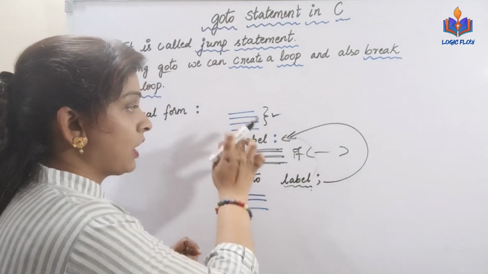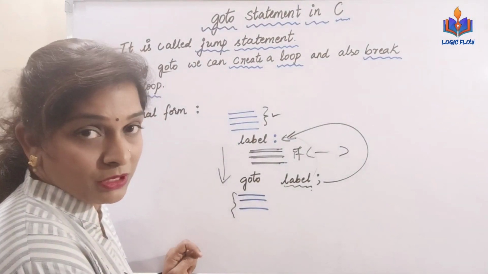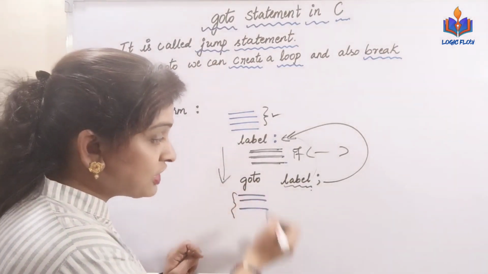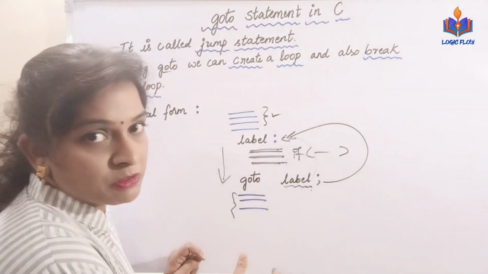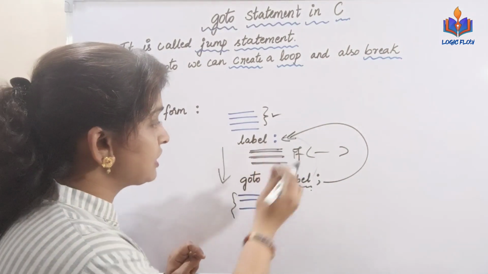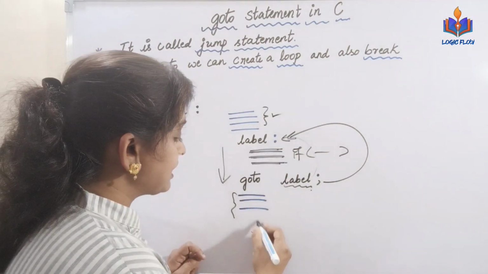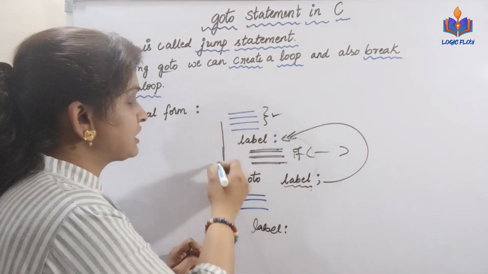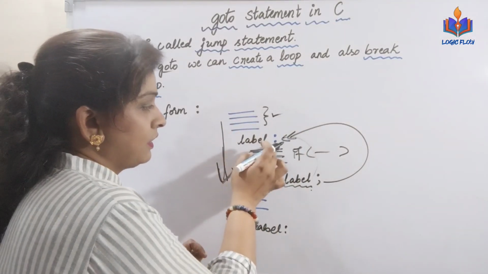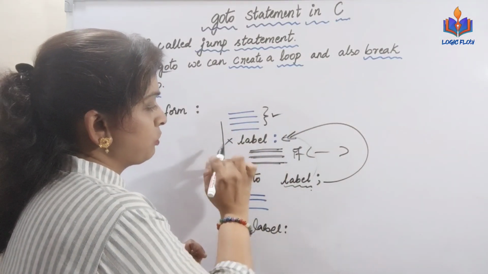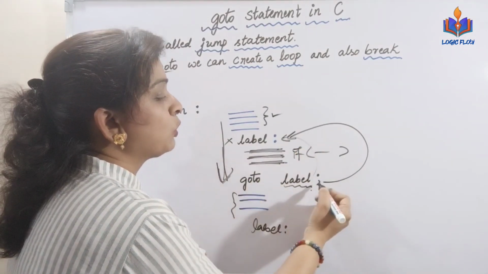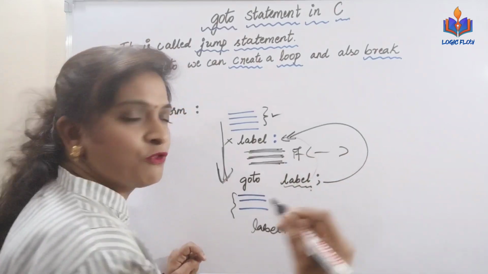It may be above or it may be below. If it is above, it means it is repeating the statements. If it is below, it means it is skipping some statements. So for example, if I have this label somewhere else here, in the sequential flow the statements will be executing. Just assume you don't have the label here. Some statements you have. Then immediately I say go to label based on the evaluation of some condition.